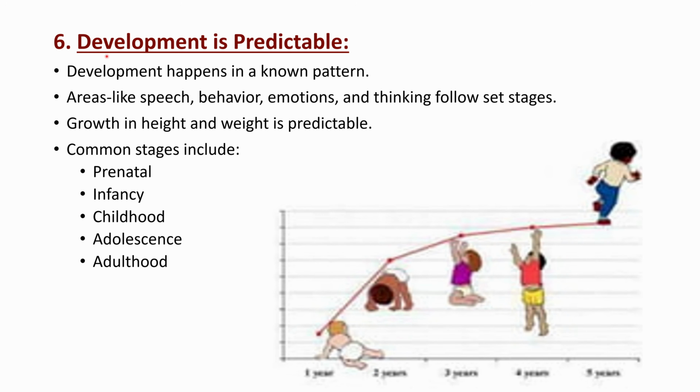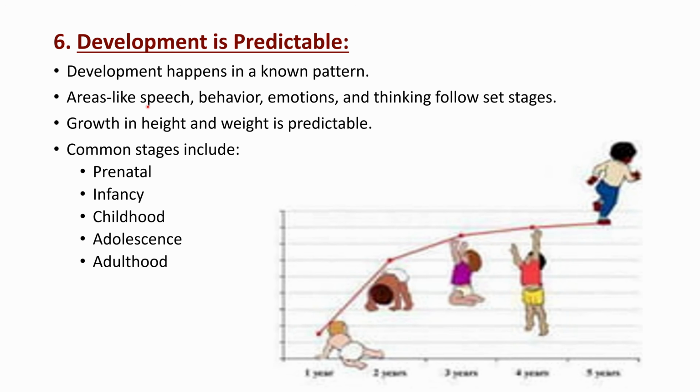The sixth principle is development is predictable. This means that development usually follows a certain pattern that we can expect, or development happens in a known pattern. We can know what the next stage is. Even though every child grows at their own speed, the order of development is usually the same in every child.